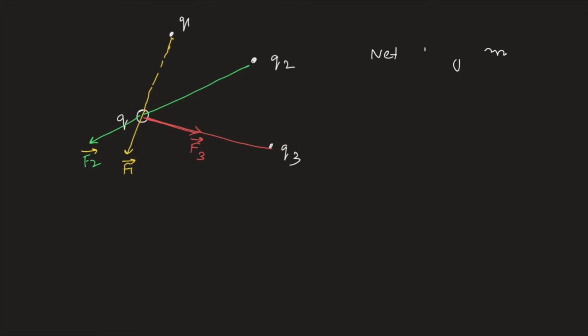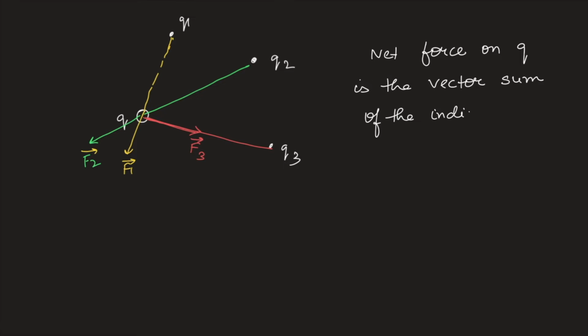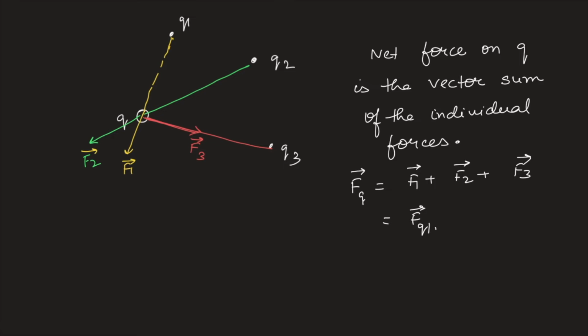So the net force on Q is the vector sum of the individual forces, as in the net force on charge Q is F1 plus F2 plus F3, or we can say F on Q due to Q1 plus F on Q due to Q2 plus F on Q due to Q3.